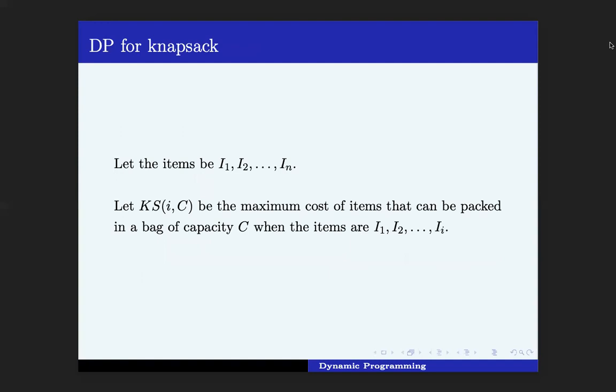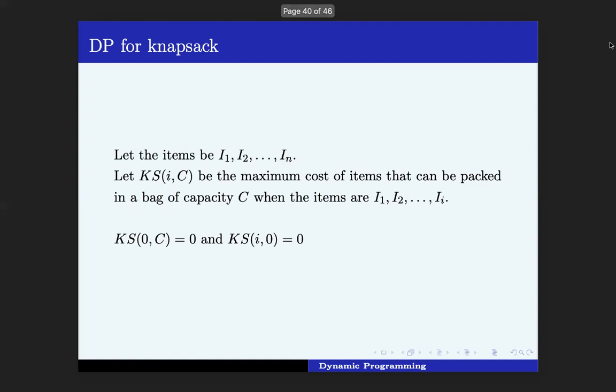So we think of these items as ranked in some order, I1 to IN, and KS(i, C) is the maximum cost of the items that can be packed for a bag of capacity C when you are allowed to use only I1 to Ii. Of course, the base case: if you have no items, the total is 0, and if you have no capacity left, the total is 0.